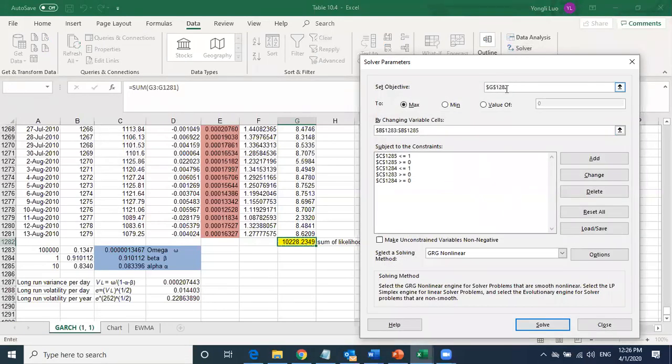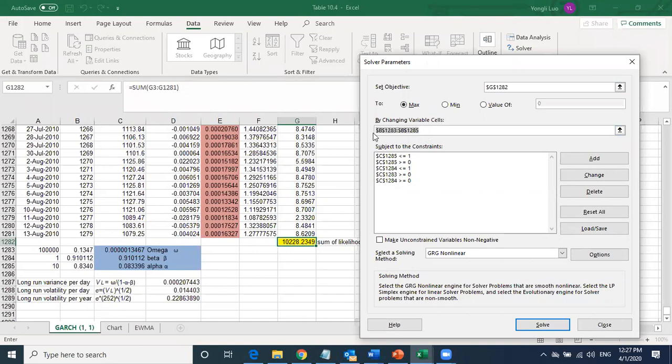First you set the objective. This is the one. The objective is this cell, and you want to maximize it by changing the alpha, omega, and beta. Each time we change these three numbers, we maximize this by changing all three.